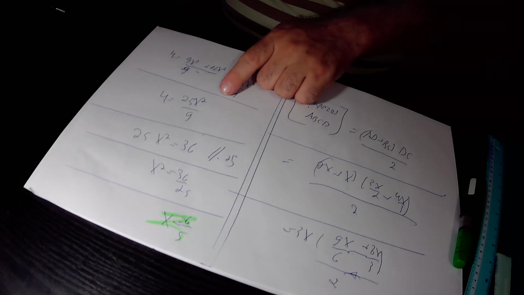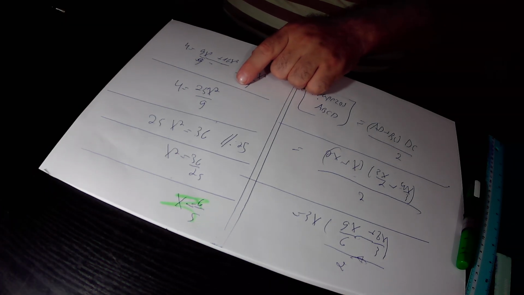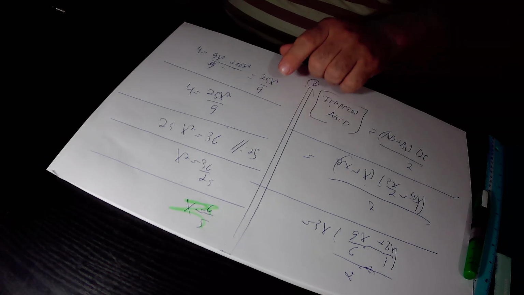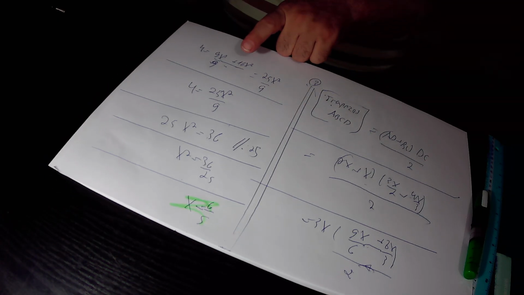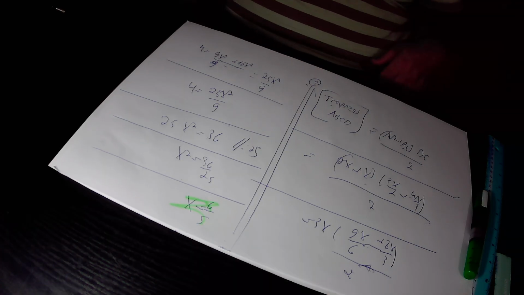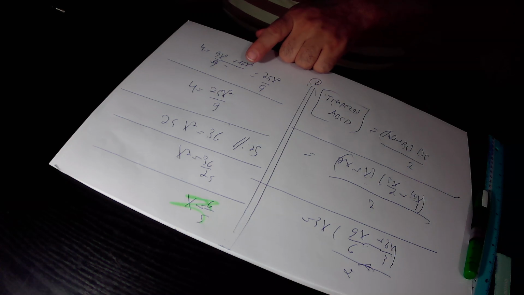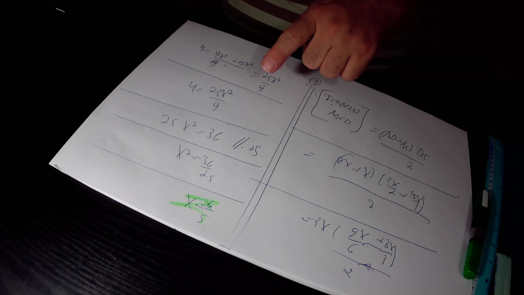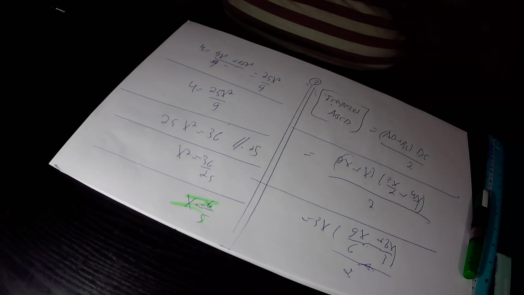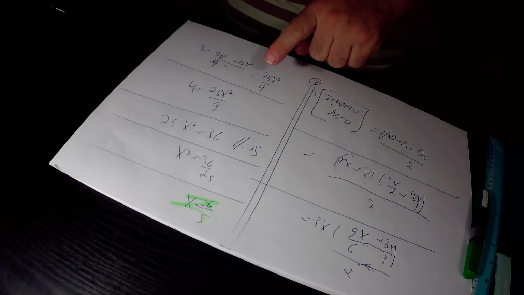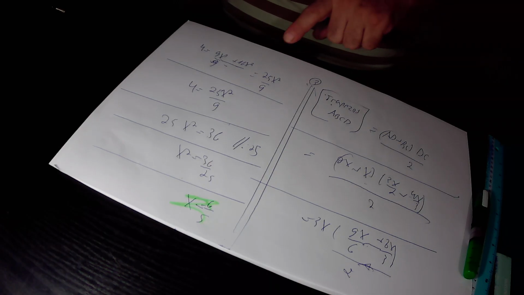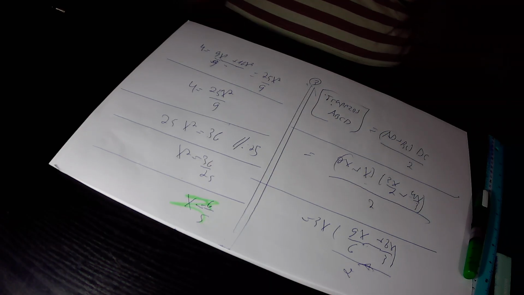Here we multiply this equation by 9 and find that 25x squared equals 36. Here we divide this equation by 25 and finally find that x squared equals 36 over 25.